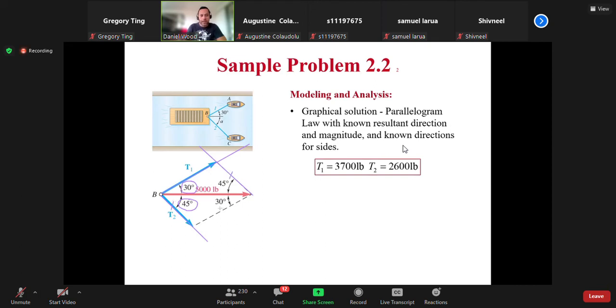And then over here, you've got to have a line that's parallel to T1. I draw a line from the tip of the 5,000 at an angle of 30 degrees, and I would get the intersection. Where these points intersect, those are the individual tensions in each of your ropes.